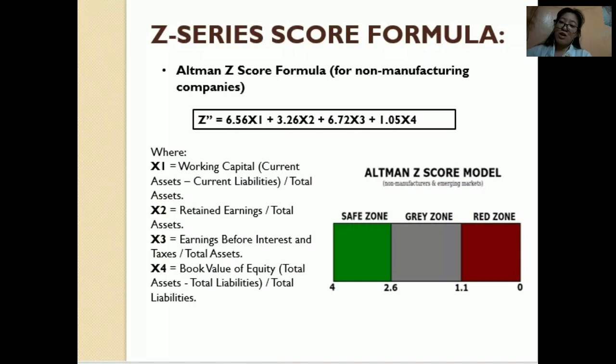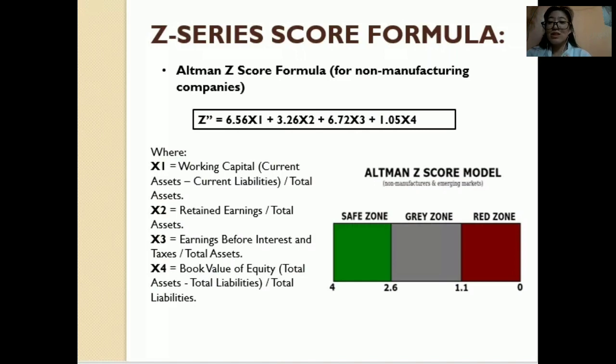And a value of Z of less than 1.1 represents that the company is in the distress zone. This company shows a large risk of heading towards bankruptcy and is considered to have poor financial health. Here, the investor may also consider selling the company's stock to avoid losing their investment since the score implies a high probability of going bankrupt.